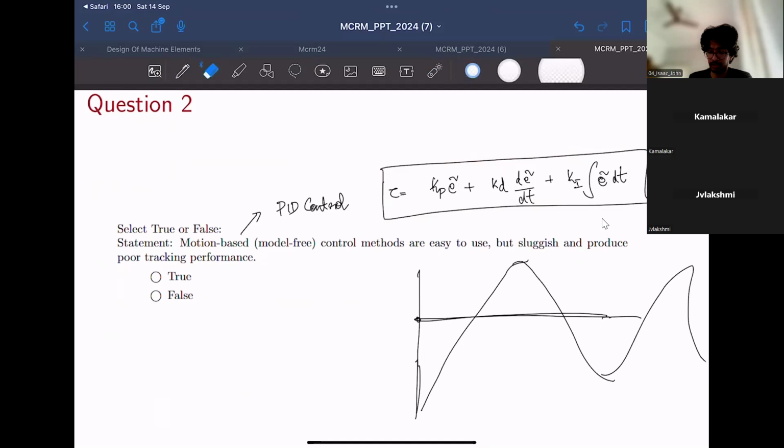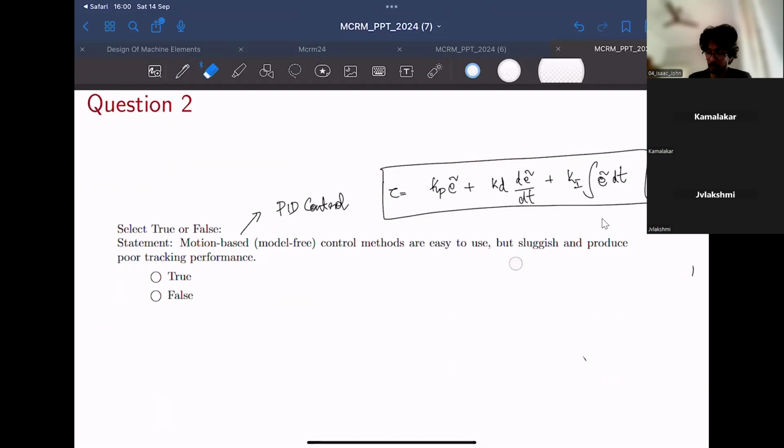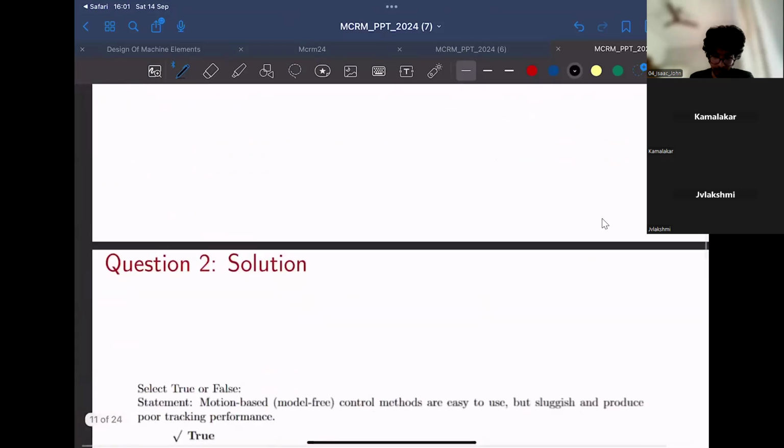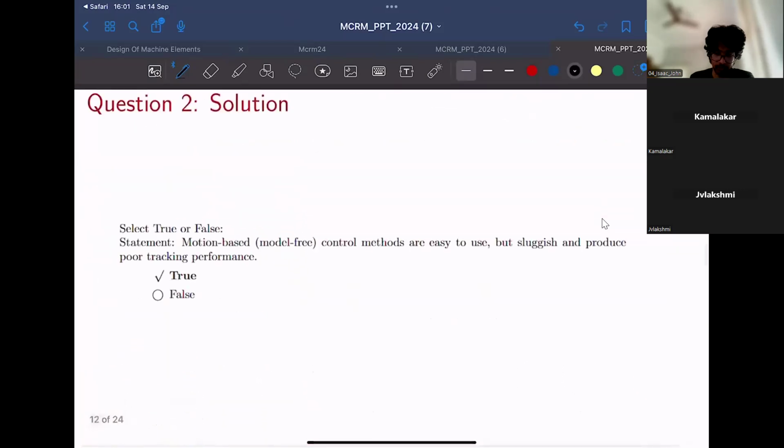It goes on like that. So that produces some sluggishness, and it also produces some poor tracking performance. So that statement is indeed true, I believe. Unless there is any conflict of motion, suppose that is indeed true. Yeah, it is indeed true.